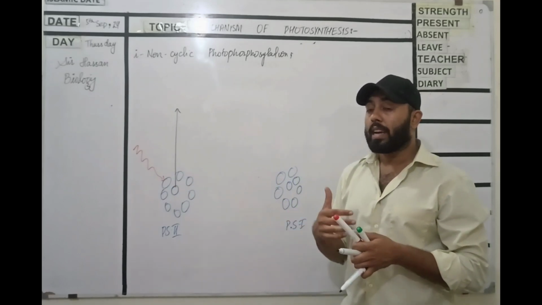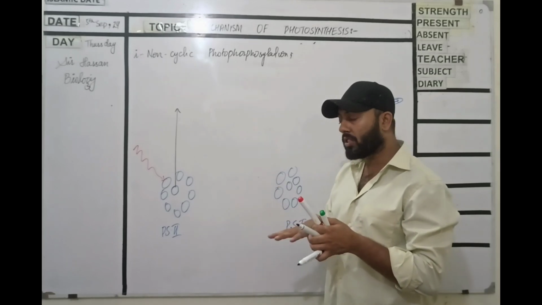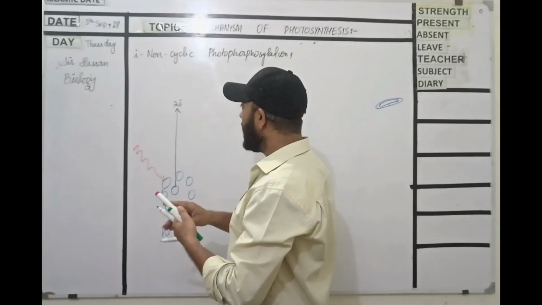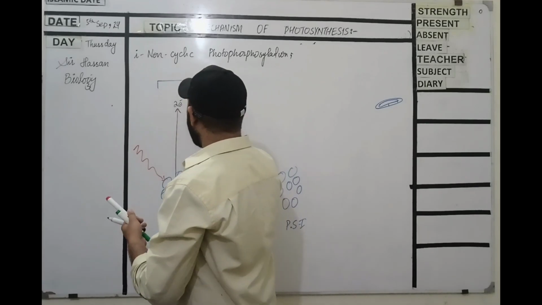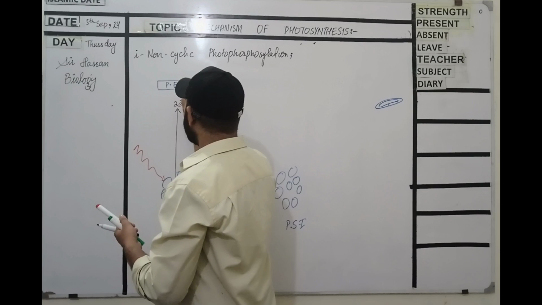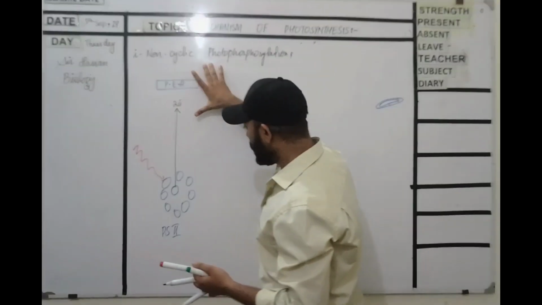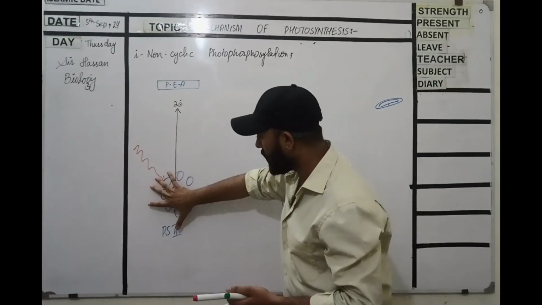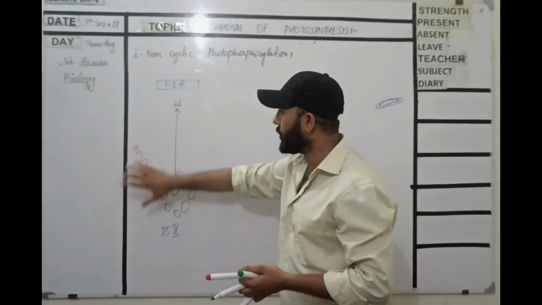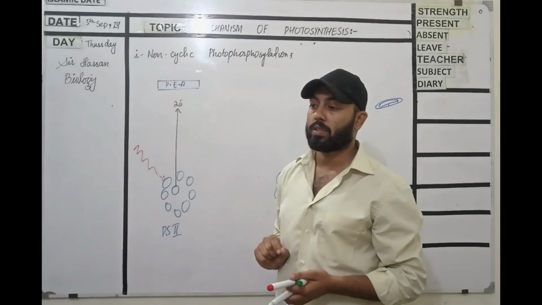In order to lower down its energy, it is going to release two electrons, and these two electrons will be received by a molecule present on top of it, which is called primary electron acceptor. These two parts, this cluster of chlorophyll and this primary electron acceptor, together constitute a whole structure of photosystem.